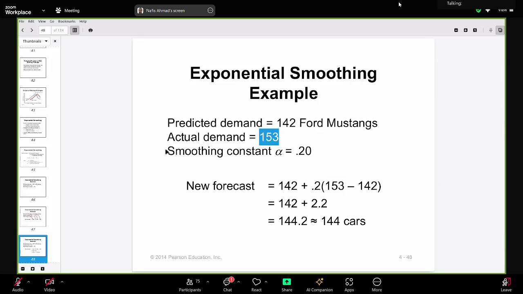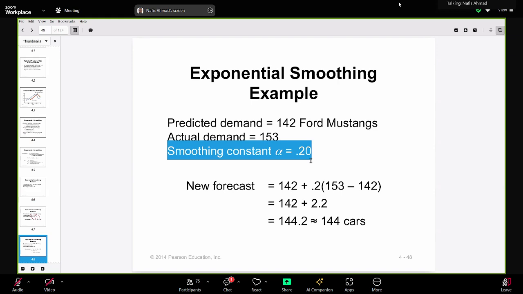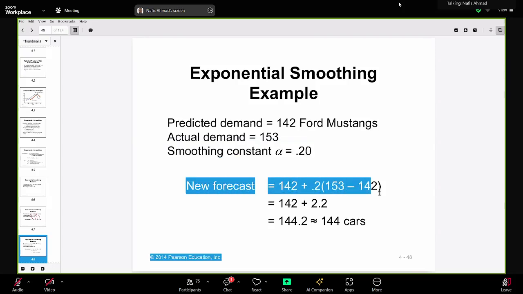Now you are asked to assume the smoothing constant alpha is equal to 0.2. By using alpha equal to 0.2, we can predict the demand for November. If it is demand for October, actual and forecasted demand, then it's for November. So 142 plus 0.2 into (153 minus 142).